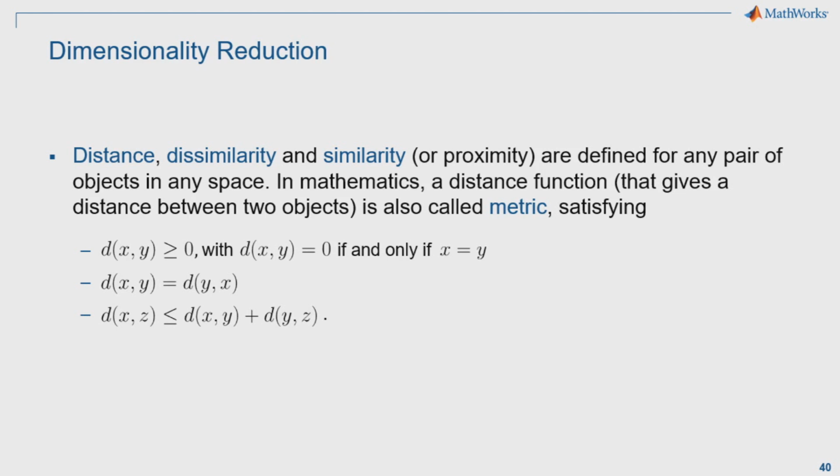Similarity brings up the concept of distance, and the concept of distance does not necessarily imply the properties that you see in this slide. This is a particular case of distance, which is also called, from the mathematical perspective, a metric, in which these further properties are satisfied.